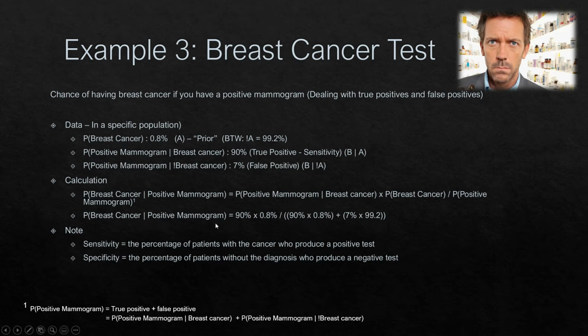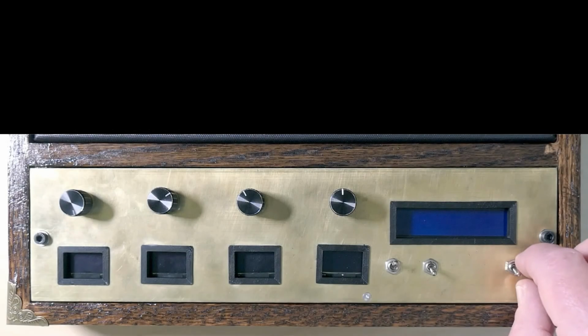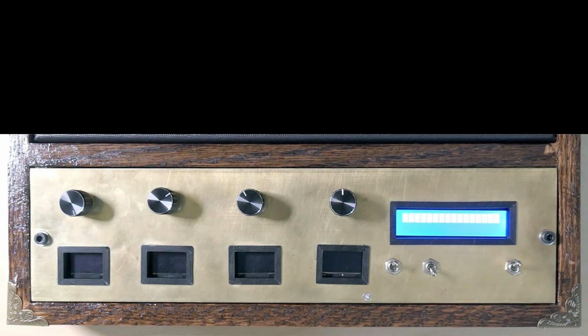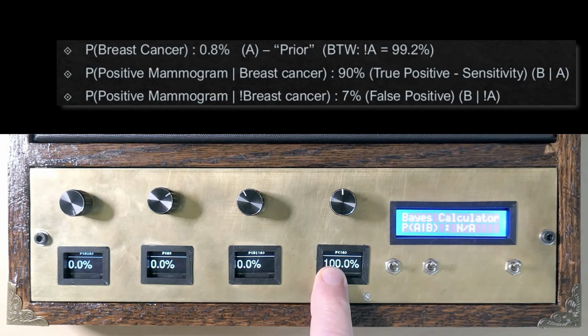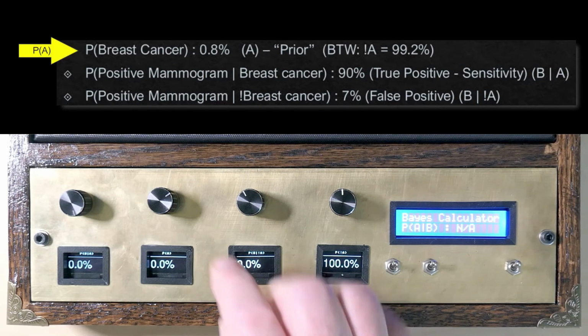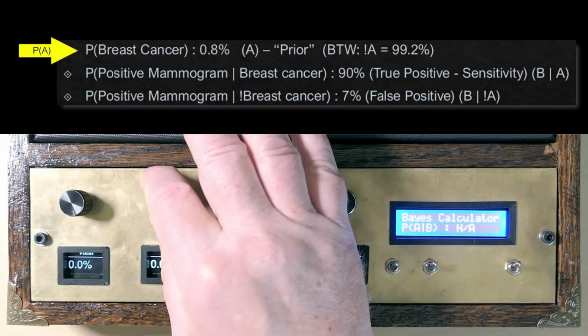So let's show that being done using the calculator, and I'll be switching modes in the calculator to do this. So I'm going to fire up the calculator. Currently it's in the traditional mode, so I'm going to change it to the 4 input mode, where I can put in the false positives as well.